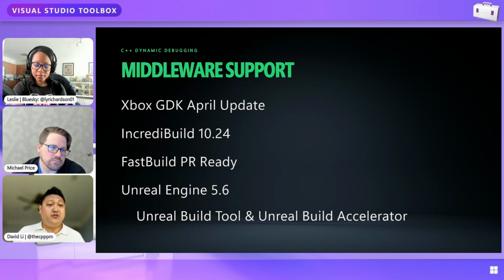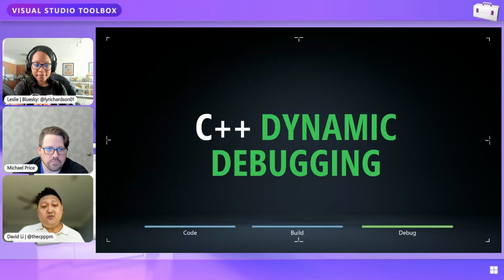For those of you using Incredibuild, Incredibuild 10.24 fully supports C++ dynamic debugging. We have a FASTBuild PR out currently. And for Unreal Engine developers, this will be natively supported in UE 5.6 for both Unreal Build Tool and Unreal Build Accelerator. So if you go to our blog, there will be a lot more information on how to get it to work. So that was C++ dynamic debugging.